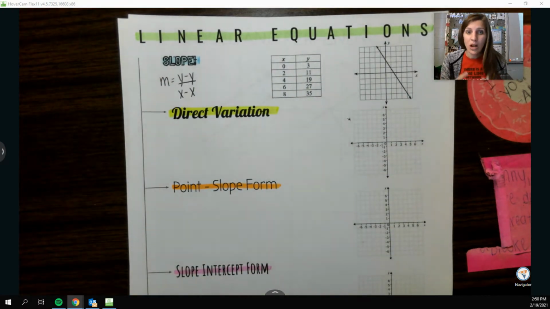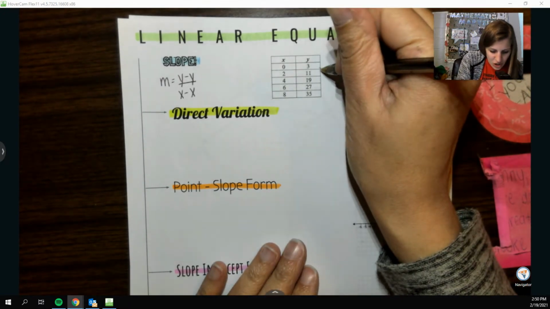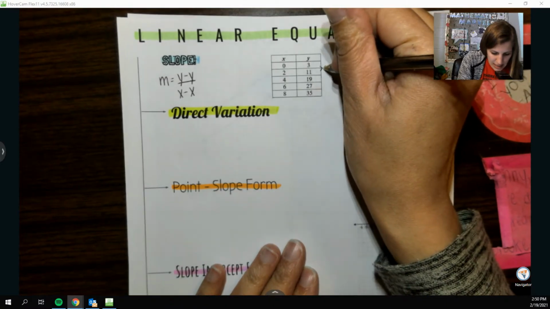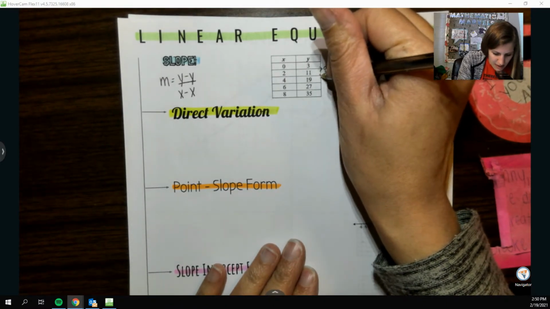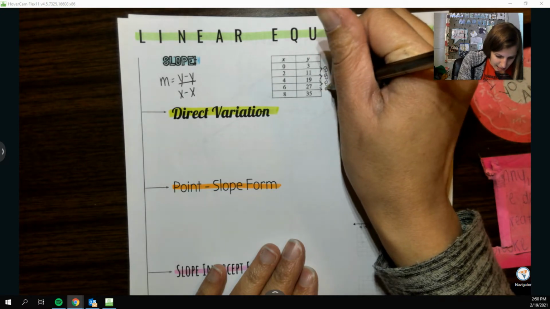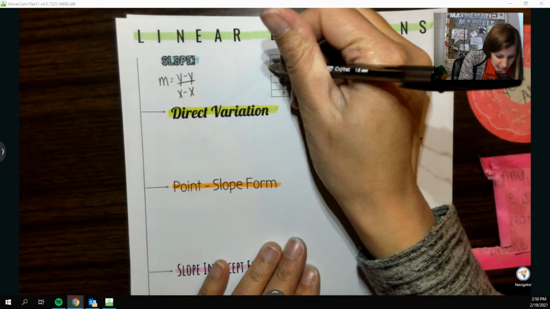But we can also find slope from a table by figuring out the change in y. So from 3 to 11 is 8, 11 to 19 is 8, and they're all going up by 8. And then also finding the change in x.